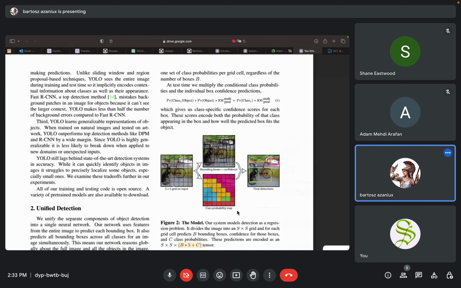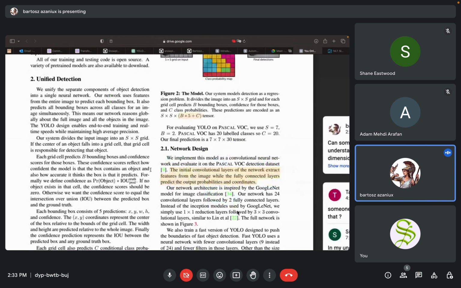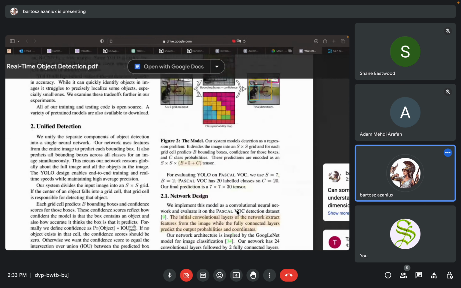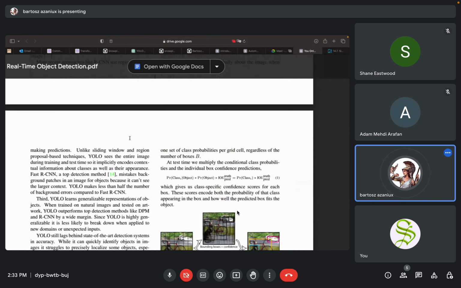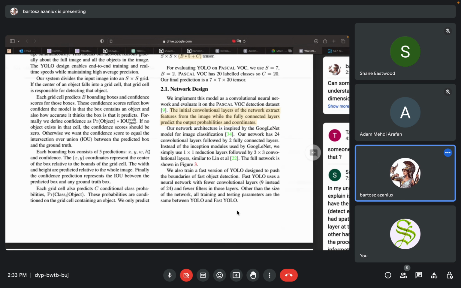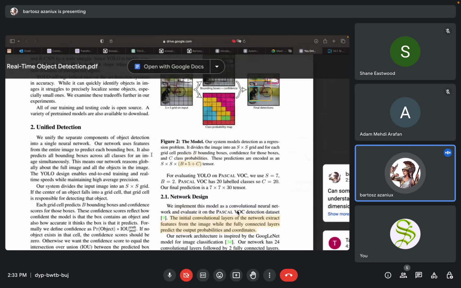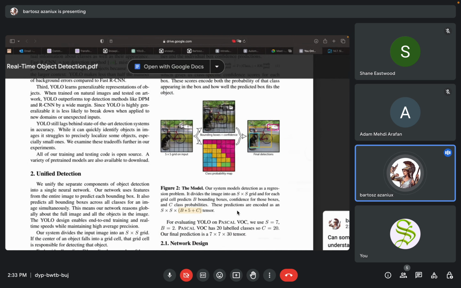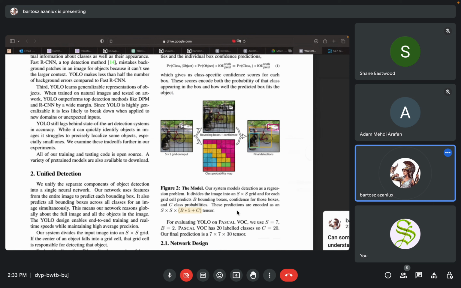So essentially, and this is what I didn't get at the first read either, the prediction of these values, X, Y, W, H, is meant to predict, in relation to this grid, that the object is bigger than just that simple grid.